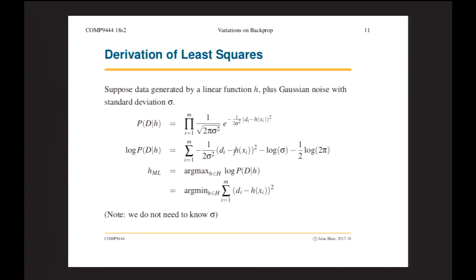We only need to maximize this. And we don't have control over the minus 1 over 2 sigma squared either. So what we effectively want to do is maximize the sum of minus (d_i minus h(x_i)) squared, but because there's still a minus sign here, what we want to do is minimize the sum of (d_i minus h(x_i)) squared.